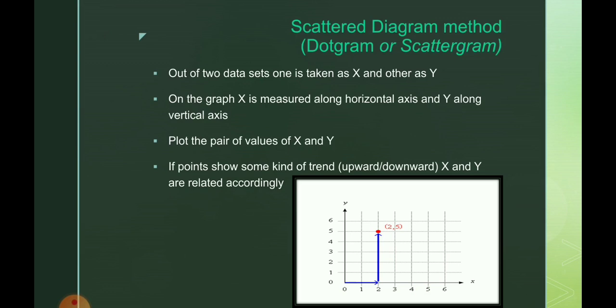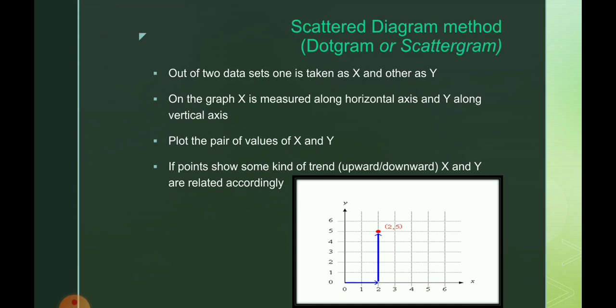Out of two data sets, one we name as X and the other as Y. On the graph paper, we draw two perpendicular lines, taking one as the x-axis and the other as the y-axis. Now what we have to do is take one value of x and the corresponding value of y, and we plot that point on the graph.